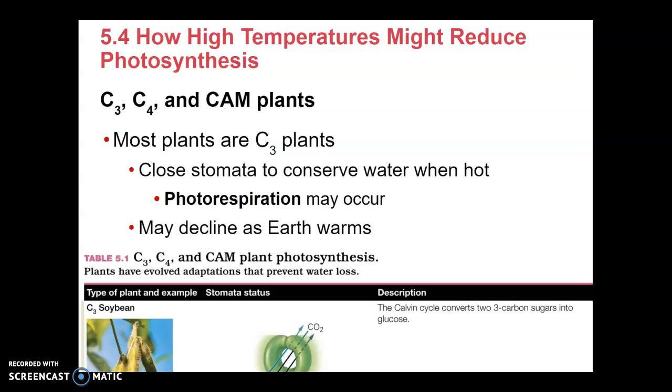Obviously that would be disgusting, but that gives you a view of how photorespiration is bad for the environment, because we're taking that oxygen out of the atmosphere and instead replacing it with carbon dioxide. As humans, we need that oxygen that plants are producing. So photorespiration hurts us in the long run.